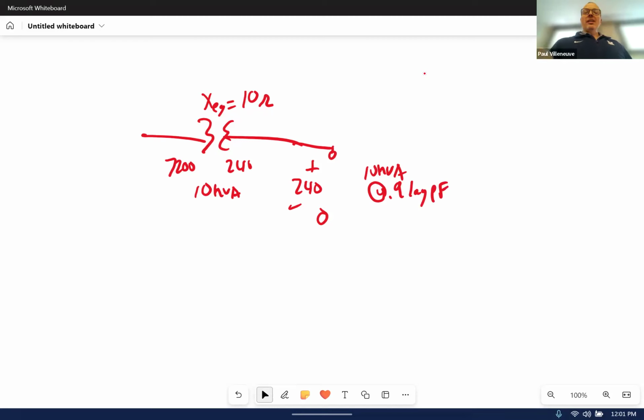So now I calculate I of the load, which is going to be equal to 240 divided by 10 kVA. And the angle is the negative of the inverse cosine. Nope, I got that backwards. Sorry. Let me erase that.